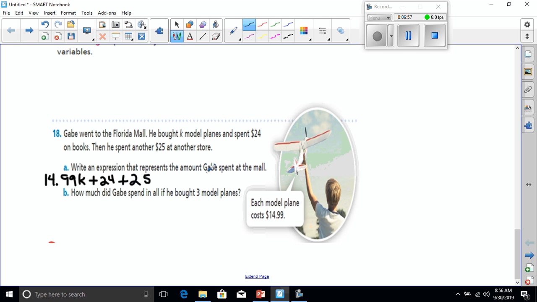How much did Gabe spend in all if he bought 3 model planes? Okay, so we're going to replace K with 3 now. So that's $14.99 times 3 plus $24 plus $25.